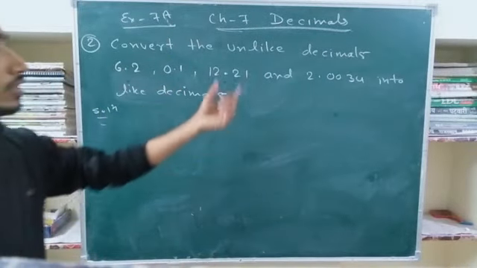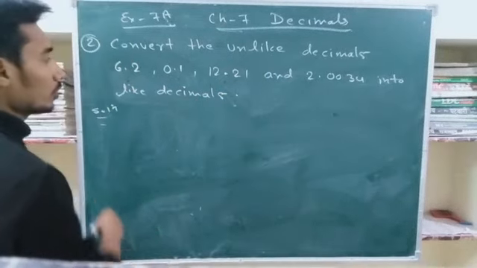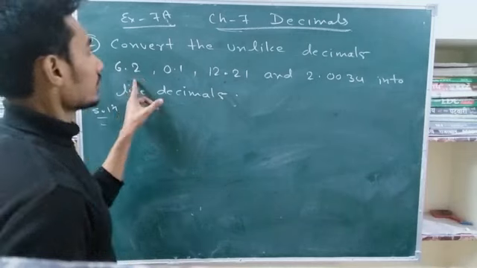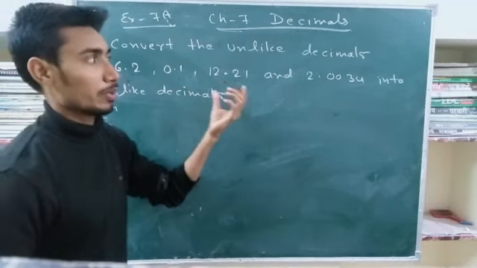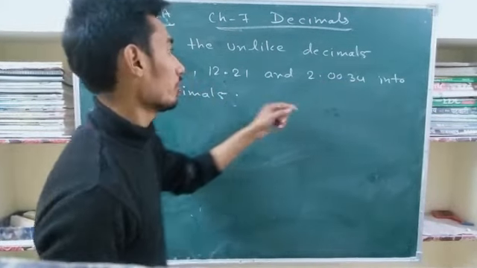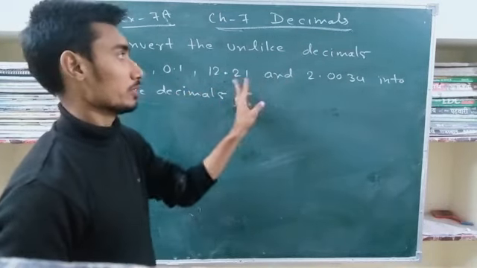We have to convert unlike decimals into like decimals. How will you do this? First check which number has the largest decimal part. Here it is 1, 2, 3, 4. So we will convert all these decimals into 4 decimal places.